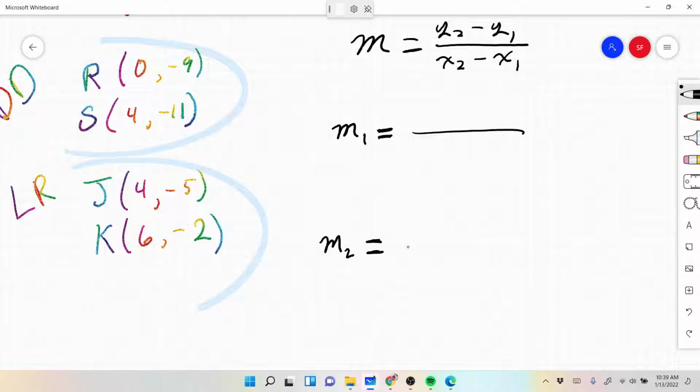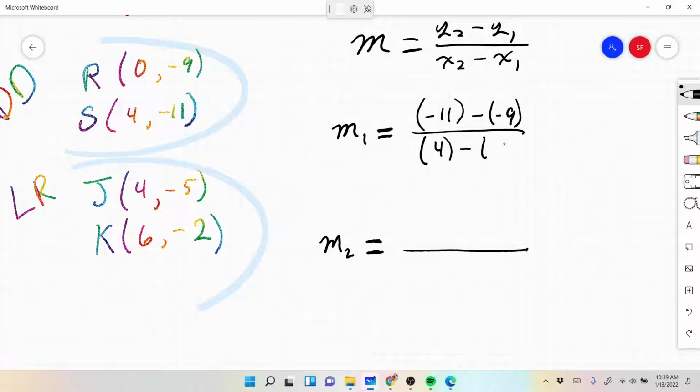So what am I going to put right here? -11. What am I going to put right here? 4 minus -9. That's y2 minus y1. Okay, good. What am I going to plug in right here? 4 is what we're going to put in here.